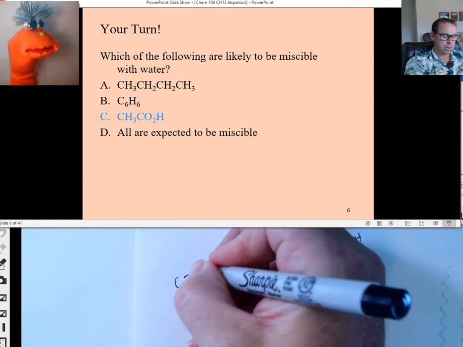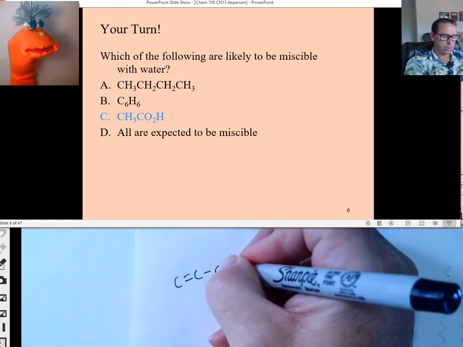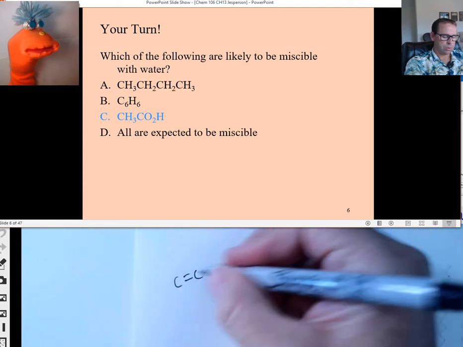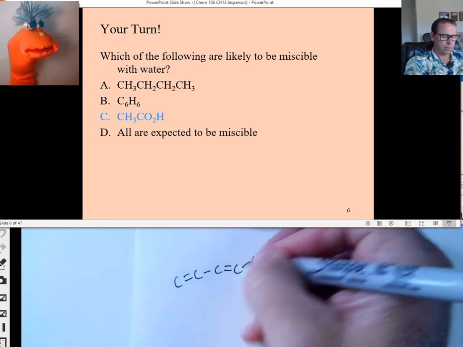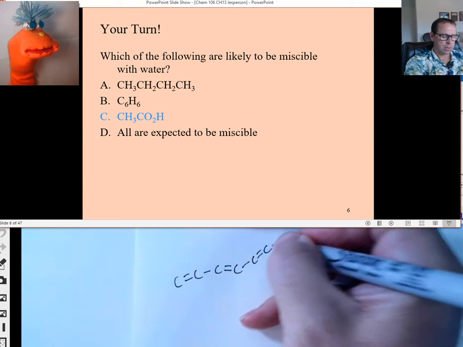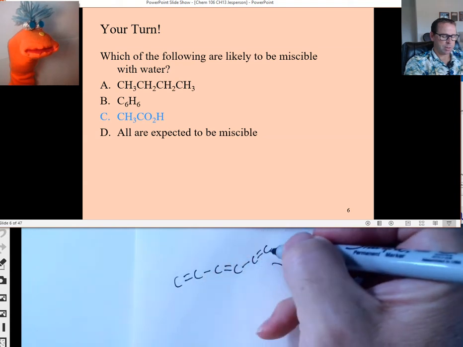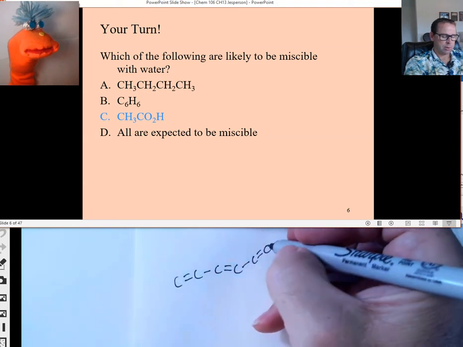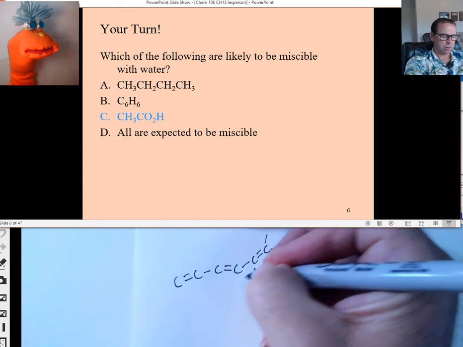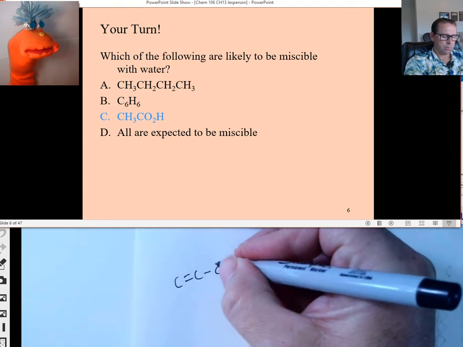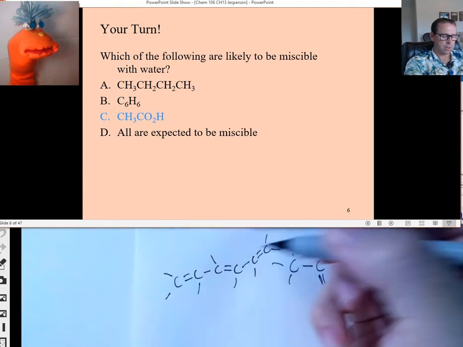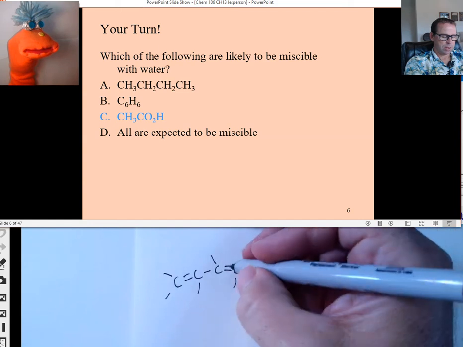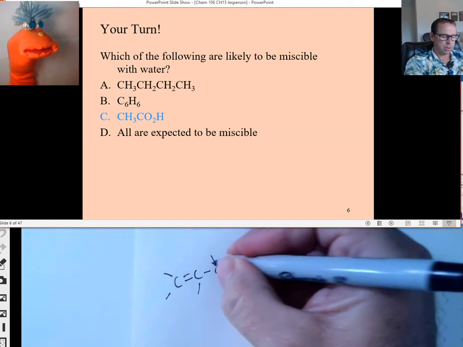Let's see, 1, 2, 3, 4, 1, 2, 3, 4, 5, 6. So this compound here would have how many hydrogens? 1, 2, 3, 4, 5, 6, 7, 8. So we need to have a triple bond in here to get rid of those.